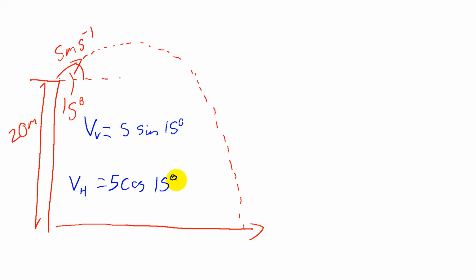Punch that into a calculator. For our vertical component we get 1.29 meters per second, and for our horizontal component we get 4.83 meters per second.